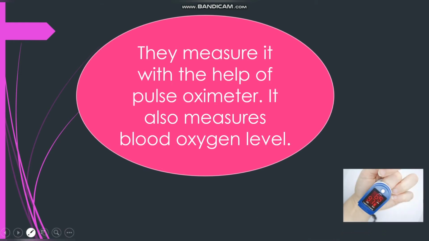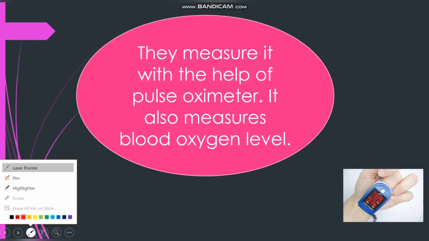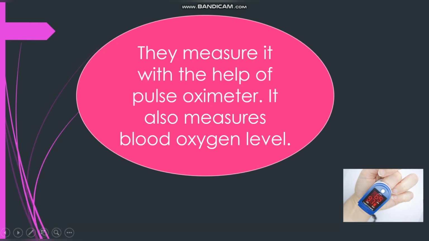You must have seen this during this pandemic in almost every house. So it measures your pulse rate and also the blood oxygen level. The normal pulse rate is 60 to 100 beats per minute.